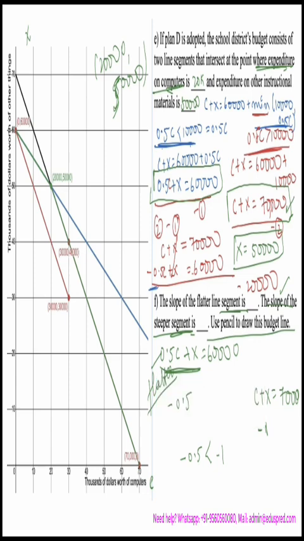The lower the slope in magnitude, the flatter the line. So the flatter line has a slope of minus 0.5, and this would be a steeper line giving you the slope of minus 1. So the answer here is minus 0.5 and minus 1. So that was all for this video.